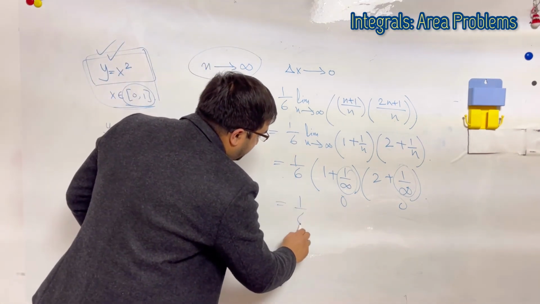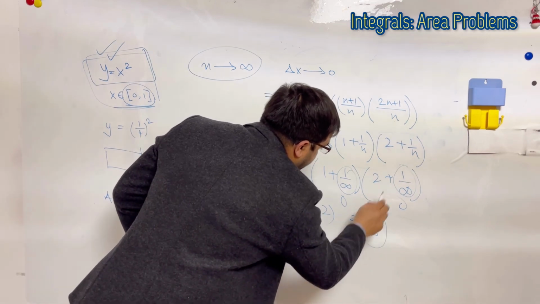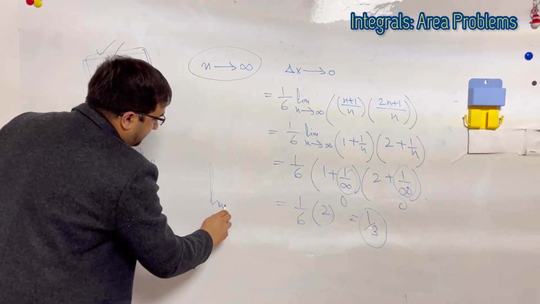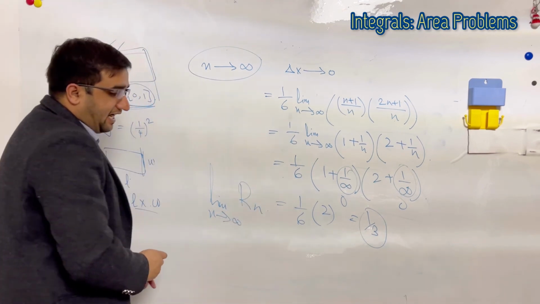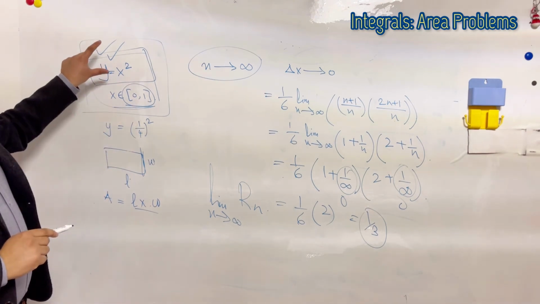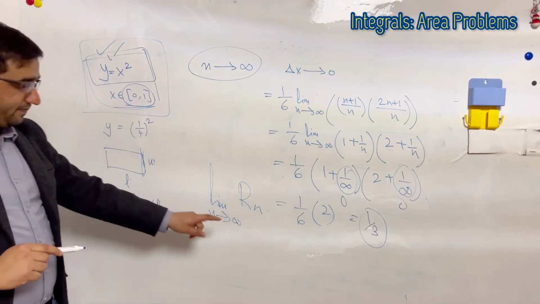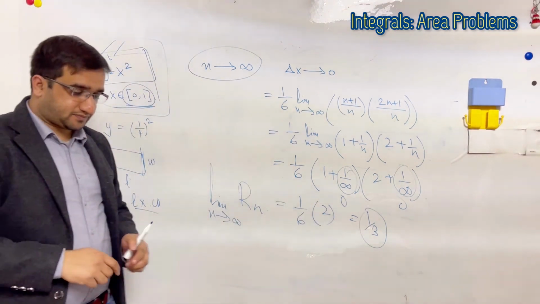So it is 1 by 6 into 2, that is 1 by 3. So this is the area of that region built by this function over this interval. 1 by 3 is actually the area of that region.